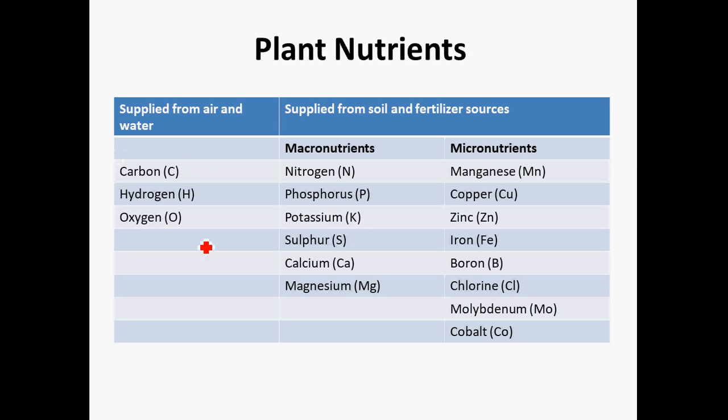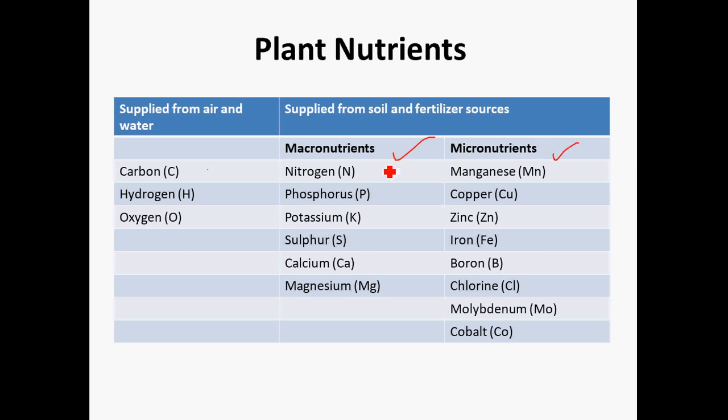Carbon, hydrogen and oxygen are the plant nutrients that are supplied from air and water, and the nutrients which are supplied from soil and fertilizer sources are divided into two groups, that is macronutrients and micronutrients.